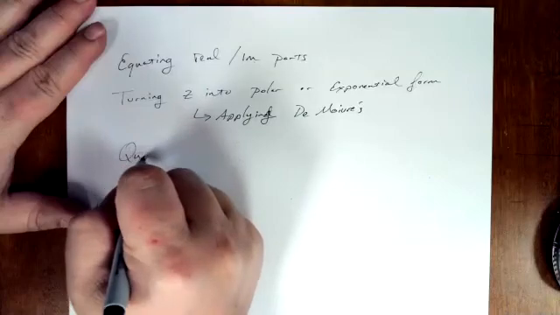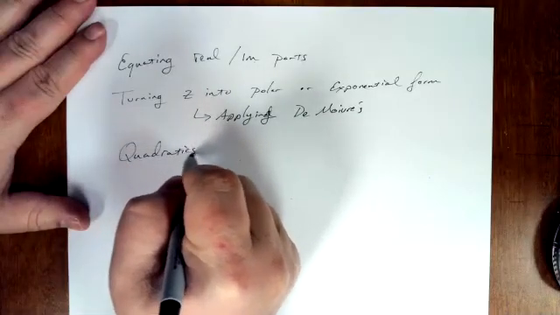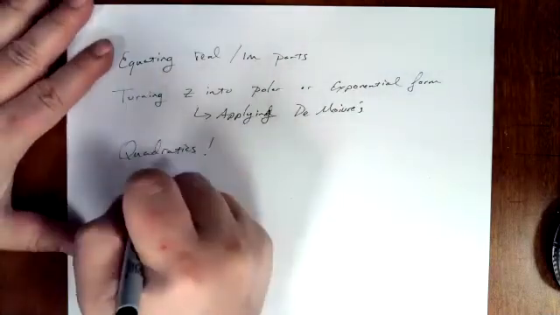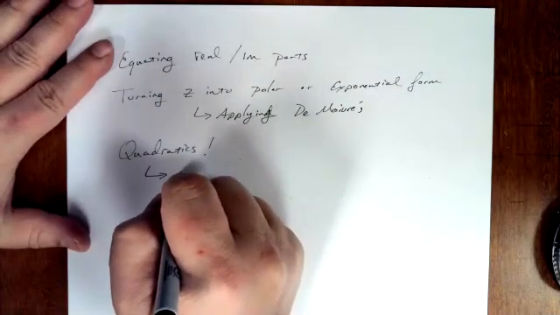Look for quadratics. They pop up in lots of places and you have the quadratic formula. If you don't have quadratics, look for sum and difference of cubes.